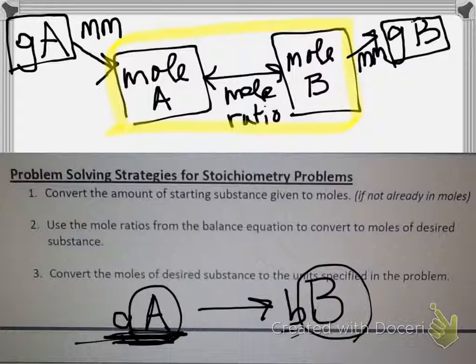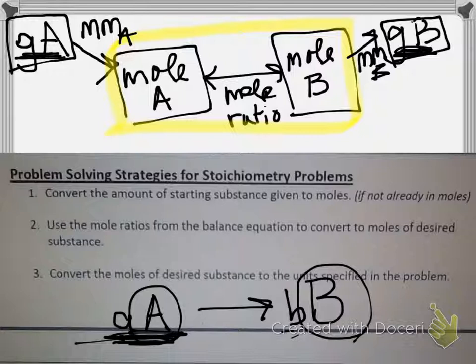If I'm given grams of A, I can convert that all the way to grams of B, so grams of my reactant to grams of product, by using three conversion factors: molar mass of A, the mole ratio between A and B, and then the molar mass of B. So in three conversion steps, I can get from grams of A to grams of B.